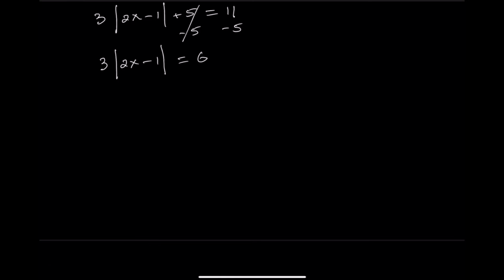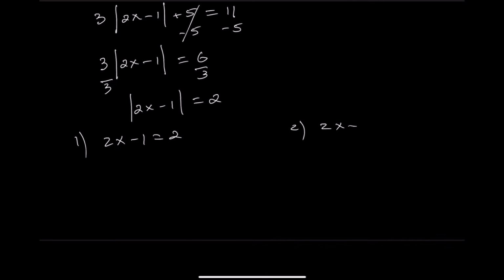Divide both sides by 3. Now you have the absolute value of 2x minus 1 equals 2. Step 3. Write two equations. First, 2x minus 1 equals 2. Second, 2x minus 1 equals negative 2.